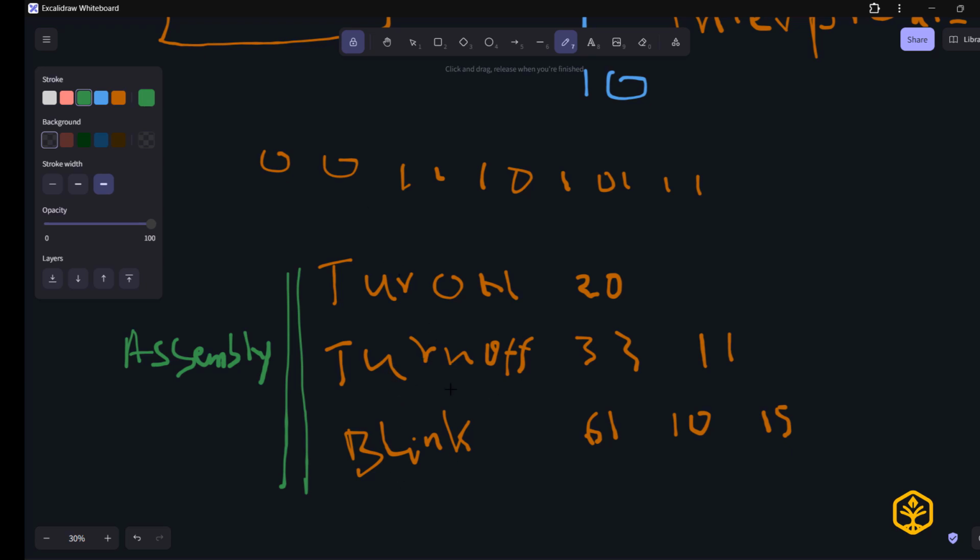And whenever we write the assembly, we need something in between to convert it into the binary, because after all, we are going to send the binary form to the computer. The computer will definitely not understand the assembly. So we convert it into the binary form. That process of conversion is called compilation.